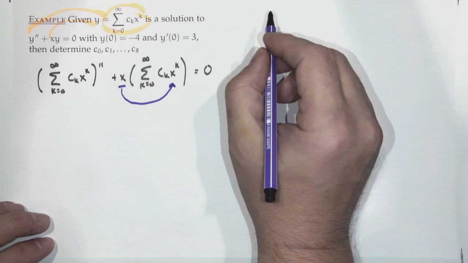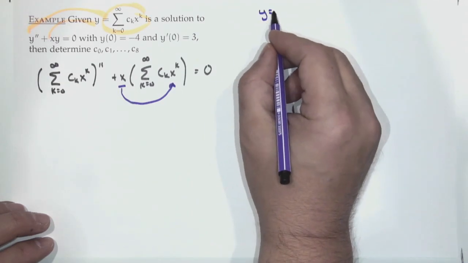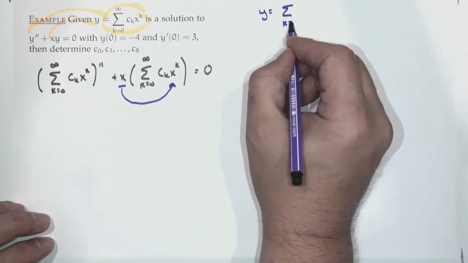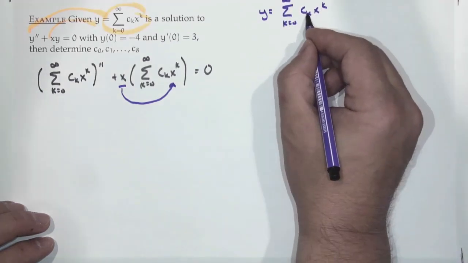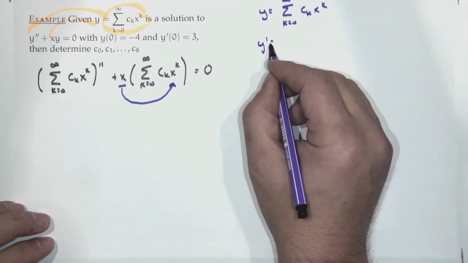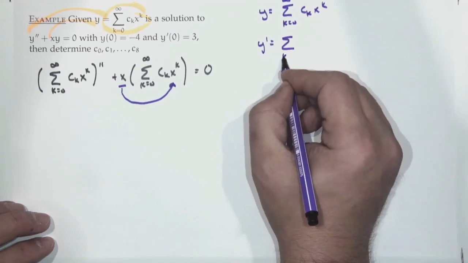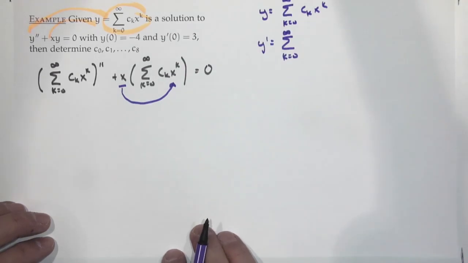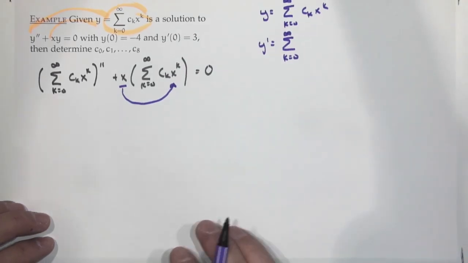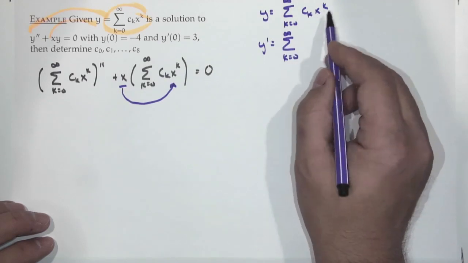And okay, let's talk about derivatives. So y, that's our sum. We'll do the derivatives here on the side. Ck x to the k. What does y prime look like? Still the sum. What happens? Think of taking the derivative of x to the k.